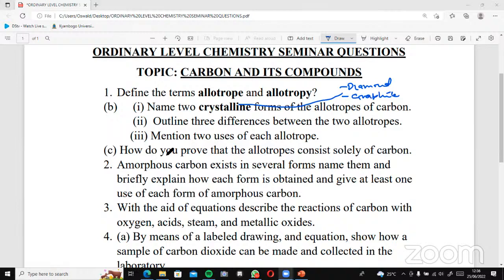We go to part 2. Outline 3 differences between the two allotropes. In other words, we want the difference between diamond and graphite. You can give us only 3. You can unmute or use the chat box and give us only 3 differences between the two allotropes, diamond and graphite.